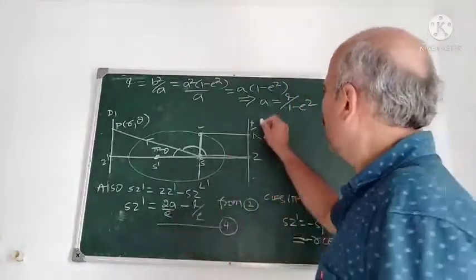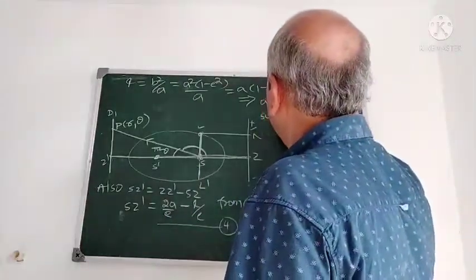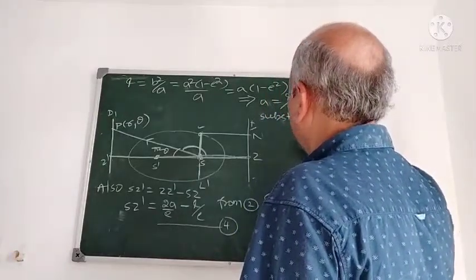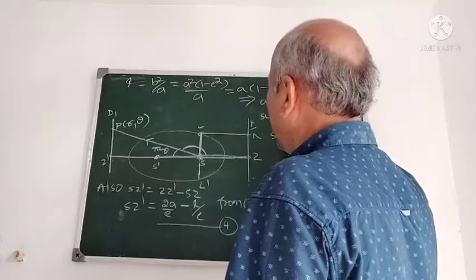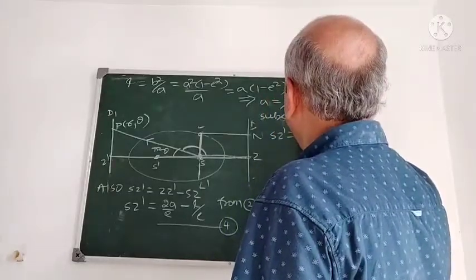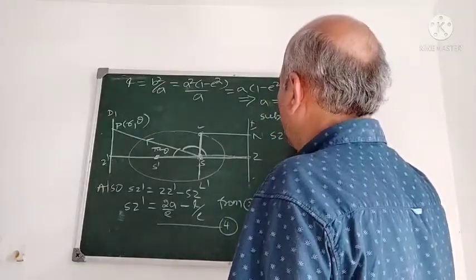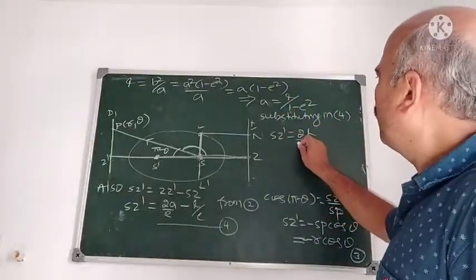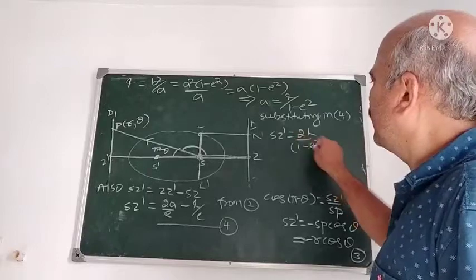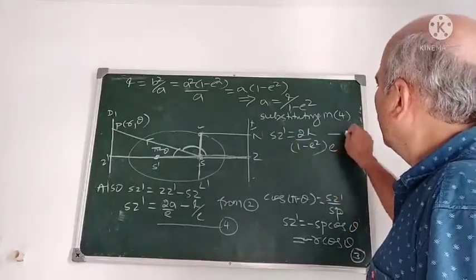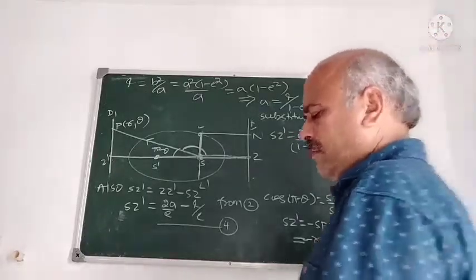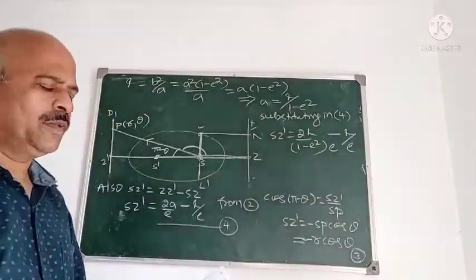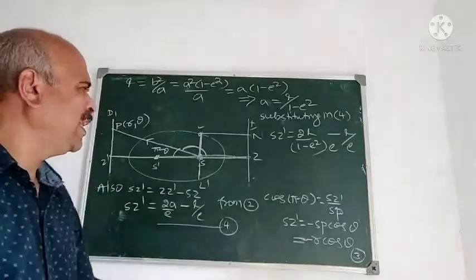Therefore, substituting in 4, we get SZ dash is 2l upon 1 minus e square into e, minus l by e. Simplify this. See, I have used many results here.